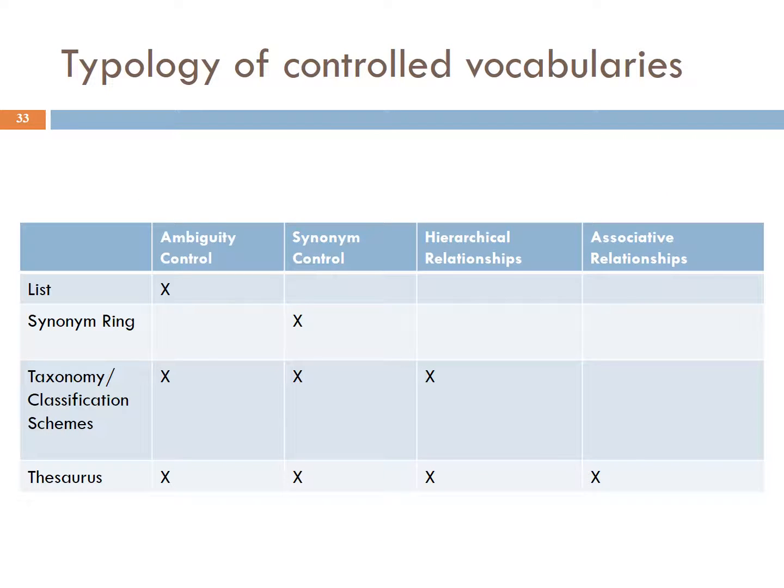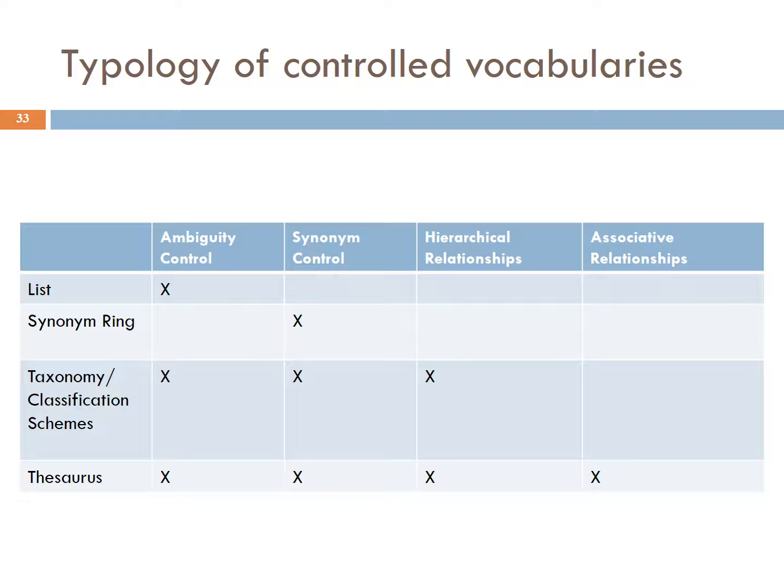So going back to our typology, controlled vocabularies come in many different shapes and sizes, ranging from very simple lists of a handful of terms to massive and complex thesauri and subject heading lists consisting of thousands of terms with various kinds of semantic relationships and linkage among the terms within the list.